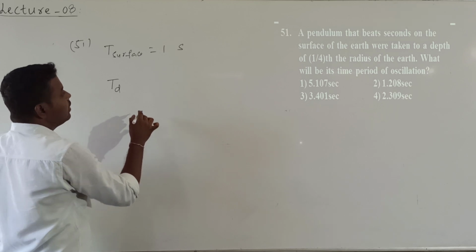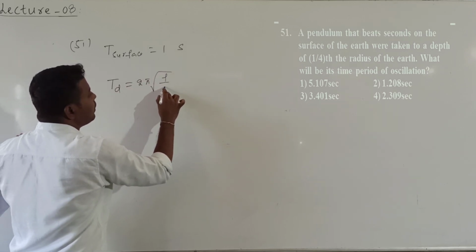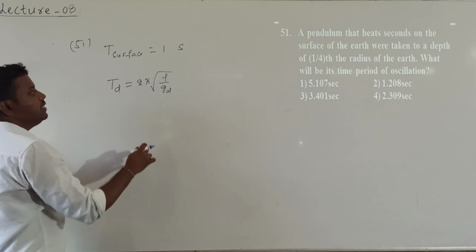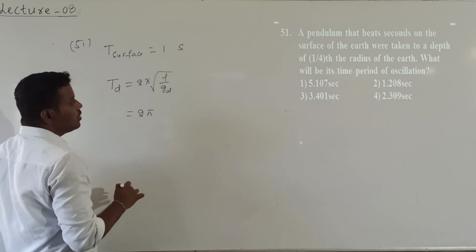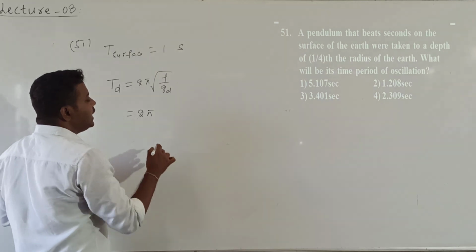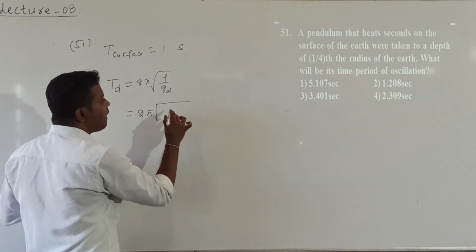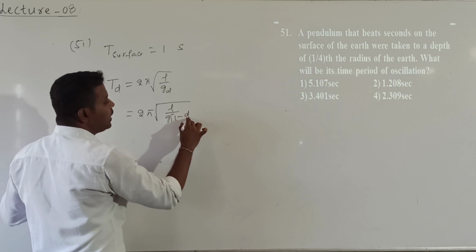T_d formula is 2 pi root over L divided by g_d, where g_d is the acceleration due to gravity at that depth. So what is the g_d value?